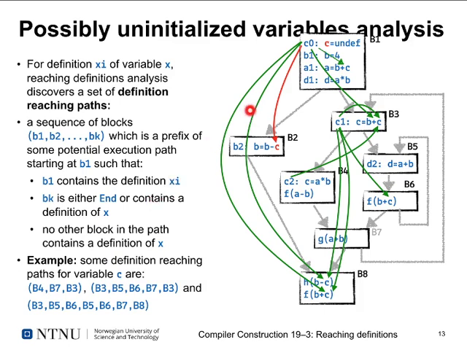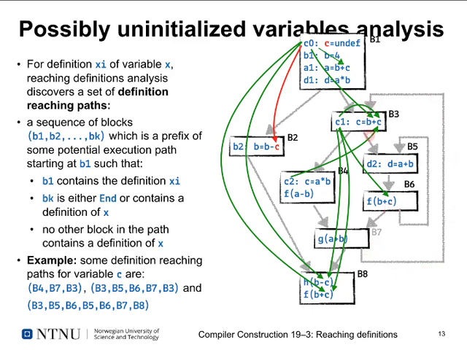So some definition reaching paths for variable c in our example would go, using our transitive analysis, through here. So we go from b4, where we define c, to b7, where we don't do anything with c at all, and then up the loop to b3, where c is actually redefined. Another one would be going from b3, down the right hand side to b5, where c is not used at all, down here to b6, where c is only used but not redefined, going to b7 and then up again to b3, where it's redefined.